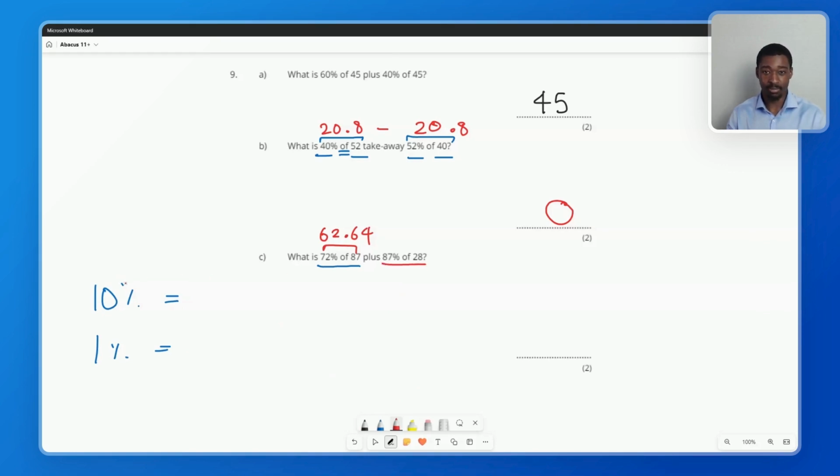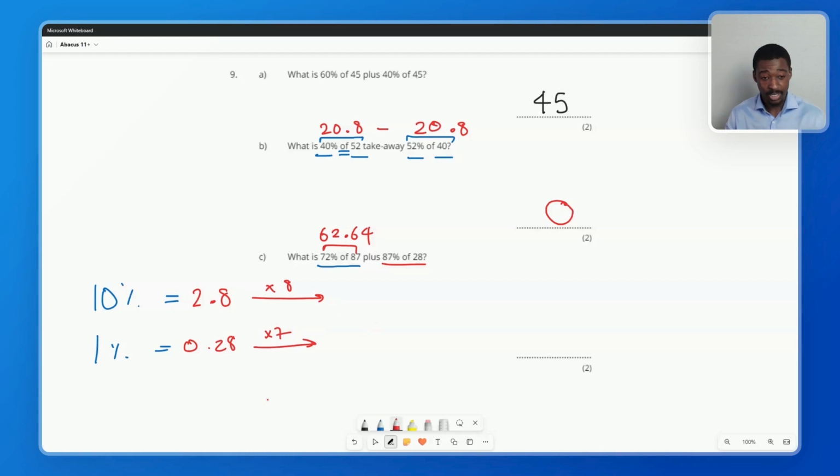And in actual fact, let's do the same thing for 87%. Start with standard percentages. 80, we make it from 10%, and 7, we make it from 1%. 10% of 28 is 2.8. 1% is 0.28. Multiply this by 8 to get 80%. Multiply this by 7 to get 7%. So 2.8 times 8, well, 2 times 8 is 16. 0.8 times 8 is 6.4.